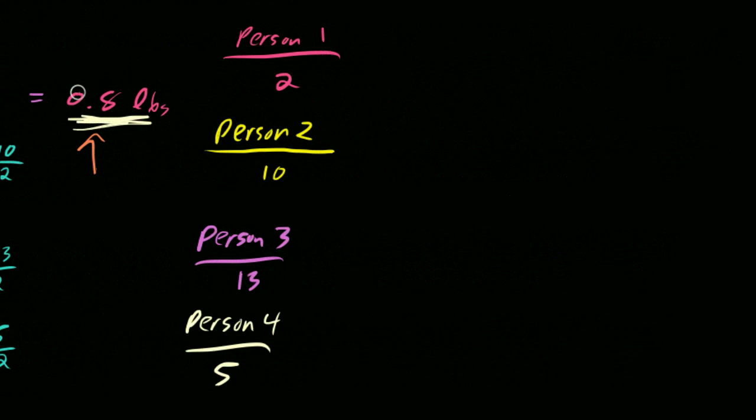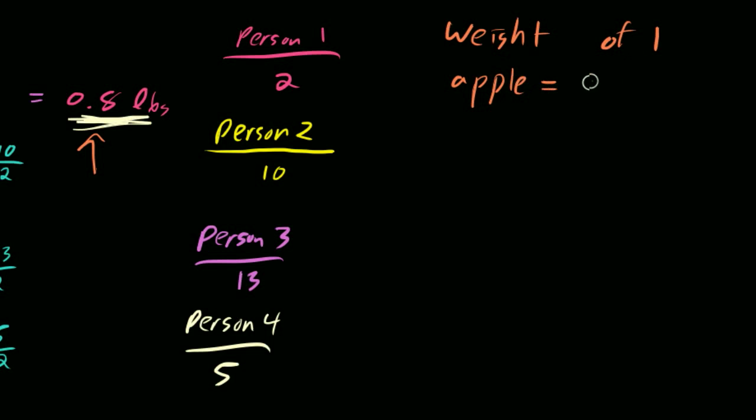An apple could weigh 0.1 pounds, but let's say that this is the maximum weight for one apple. So the weight of one apple is going to be equal to 0.8 pounds.